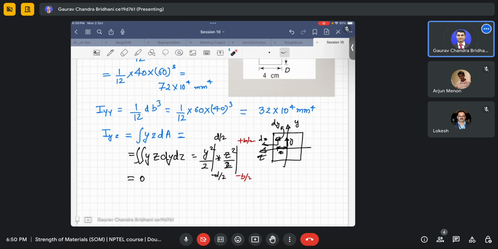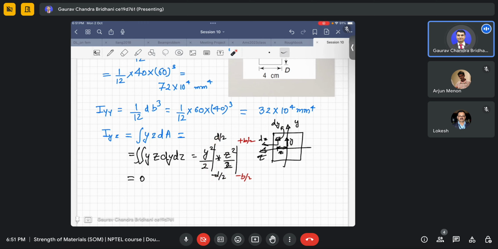Why am I saying at least one axis of symmetry? Because about one axis it will form this, and these are in multiplication. Suppose it is not symmetric about z, then it won't be a limit from minus b by 2 to b by 2, it will have some different limit, but at the end it will have this same limit for y, and once this becomes 0, the product is 0.